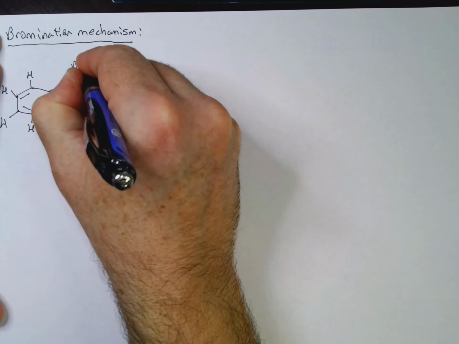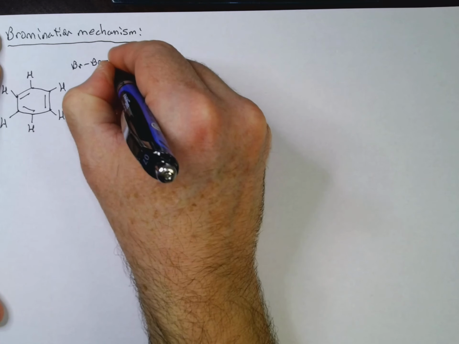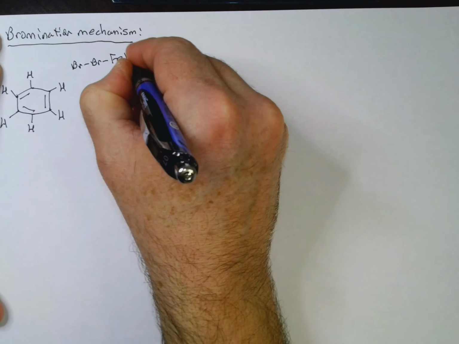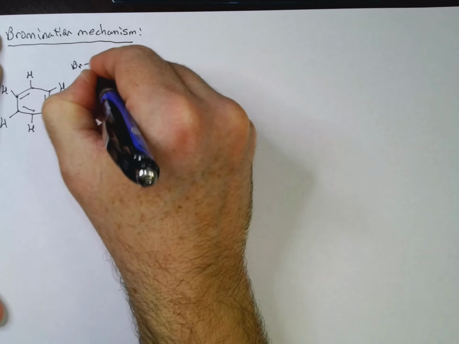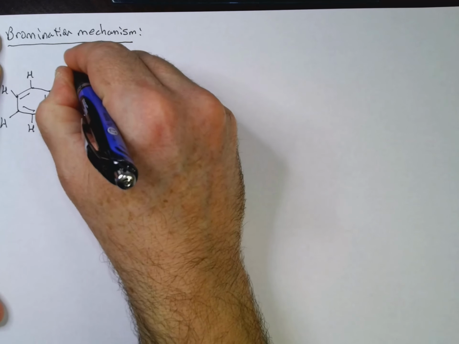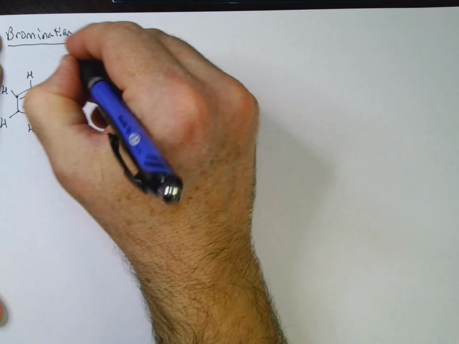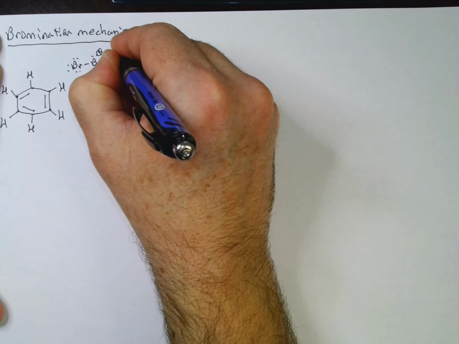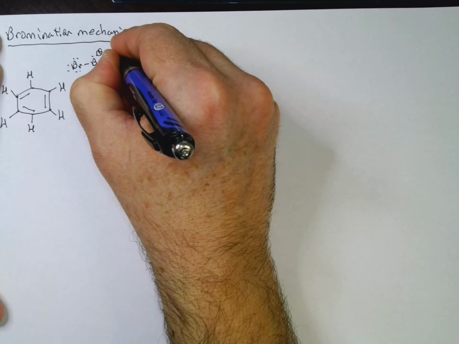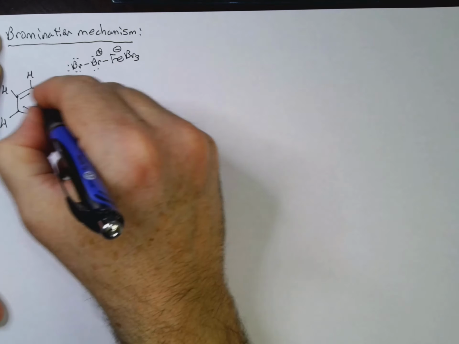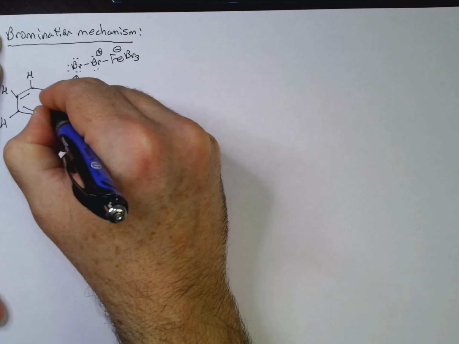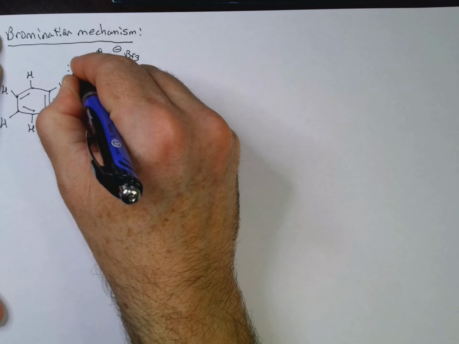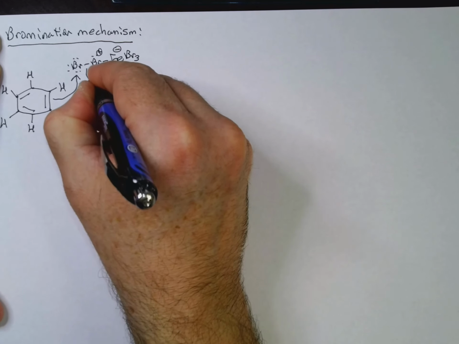And we'll have our Br, Br, Fe. I'm just going to write it as FeBr3 here, but I am going to put my electrons there. Positive formal charge on that bromine, negative formal charge on the iron, and we'll go ahead and get attack on that bromine at the end.